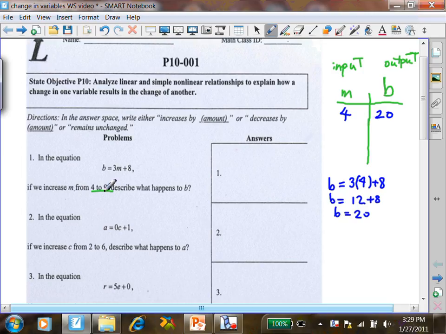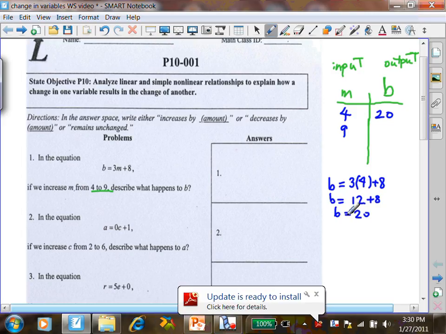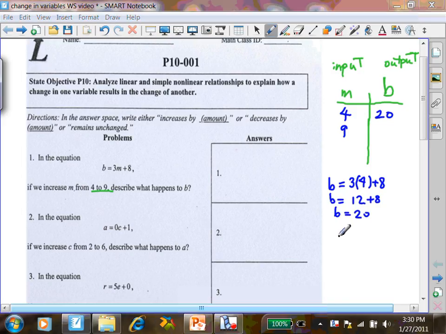Now the next part was if I change the m from 4 to 9, so there's an increase. So if I go with an increase of 5 from my m's, how is that going to affect the b's? So what I need to do is plug and chug. So I'm going to take b equals 3 times 9 plus 8. That's 27 plus 8 will give me b equals 35.